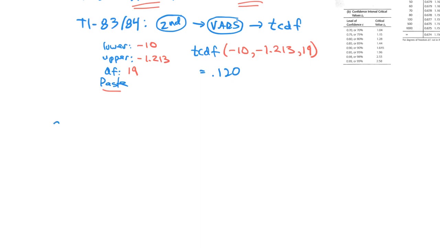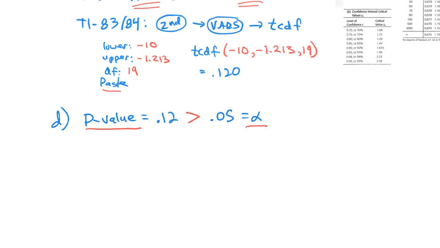For part D, just like before, we're going to compare our p-value, 0.12, to alpha. In this case, we had a 0.05 level of significance. So we compare these two. Here's our p-value, 0.12, and it is greater than alpha.